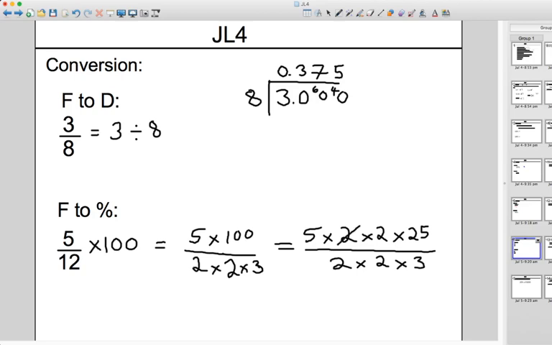So these 2s will cancel with the 2s on the bottom. And I've got 5 times 25 over 3. 5 times 25 is 125.